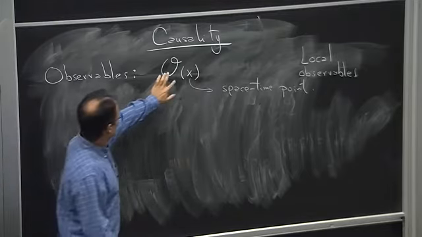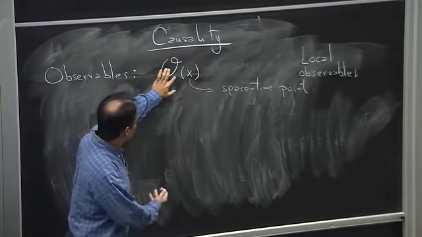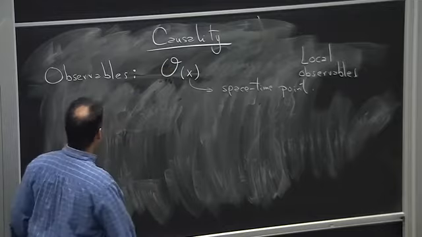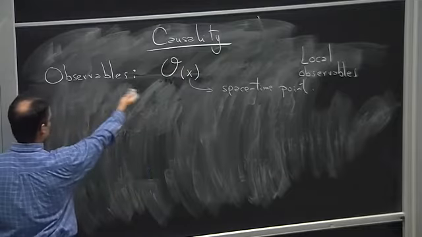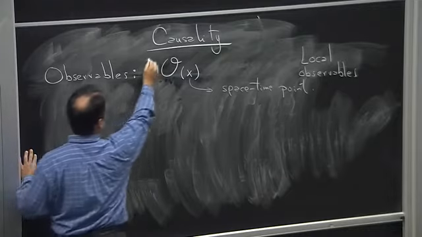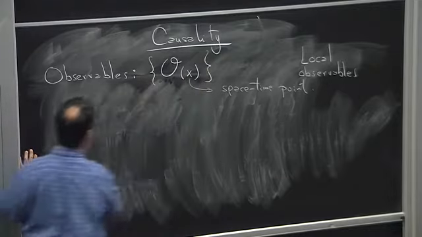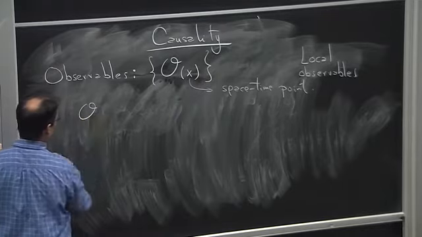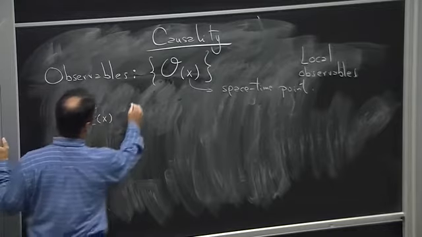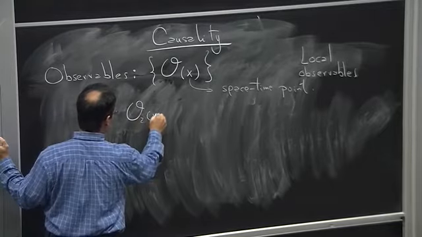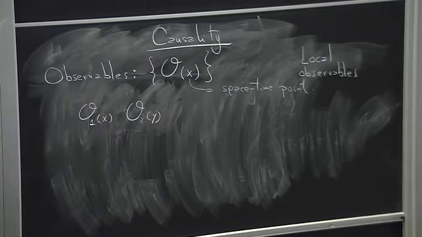Now, if this operator is an observable, and say you have another one in the set, so we should give names, so this is a set. So if you have two operators, let's call them O1 at X, and you have another operator O2 at a different space-time point Y, okay? So what do you think is the requirement that our theory preserves causality?